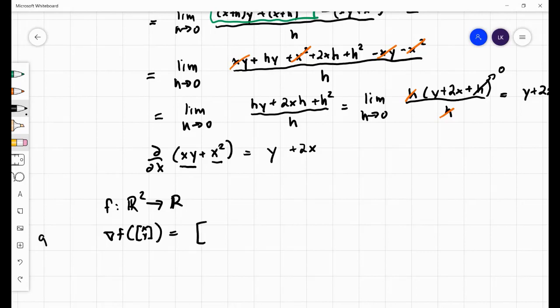It's called the gradient of the function. So in general, there's a gradient for functions from Rn into R. If the partial derivatives exist, the gradient we can define to be a 1 by n matrix whose components are the partial derivatives with respect to the coordinates.